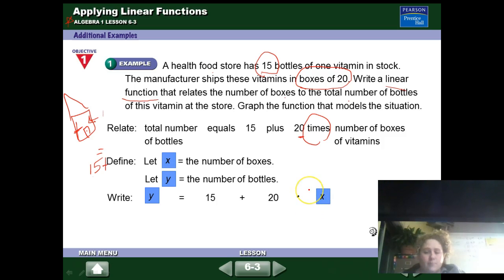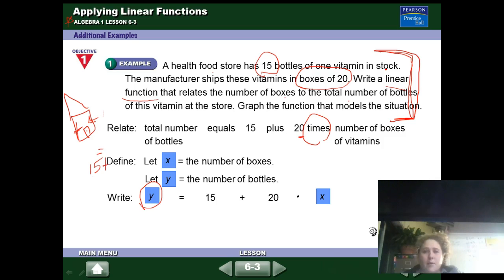Let's go back through and I'm going to explain again where I got this information. So Y here, let's go back one more step yet. What are we trying to find? What this word problem is asking me is how many bottles of a vitamin do I have in my store?